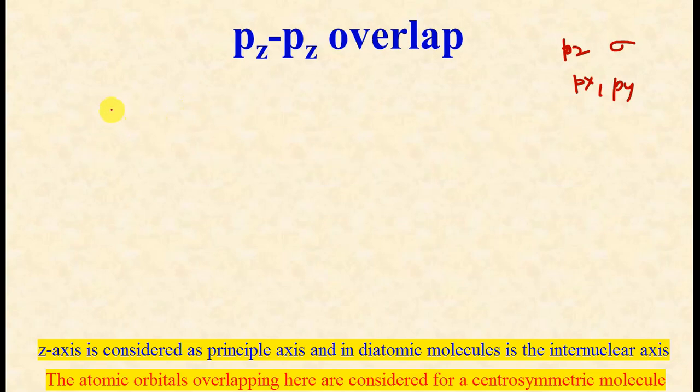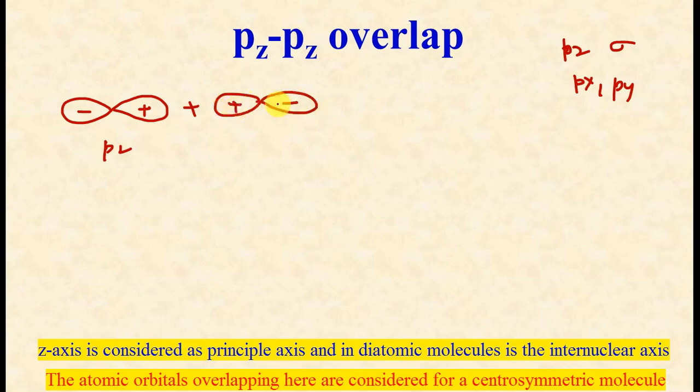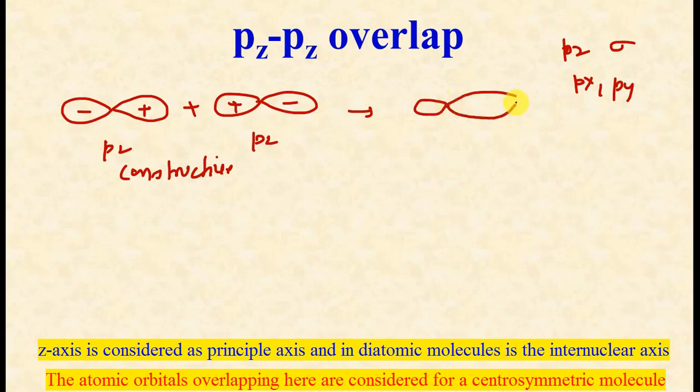So first of all, we will discuss the pz overlap. This is the positively charged lobe of one pz orbital, and this is the negatively charged lobe of the second pz orbital. Similarly, if we consider the constructive overlap, we will get an arrangement in which the central cloud is positively charged.